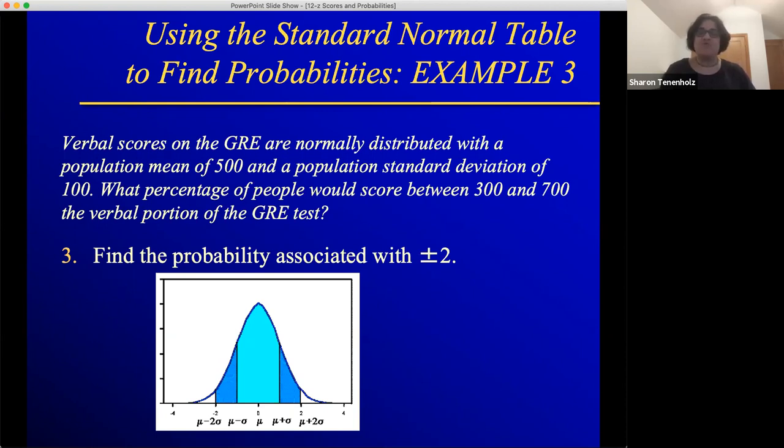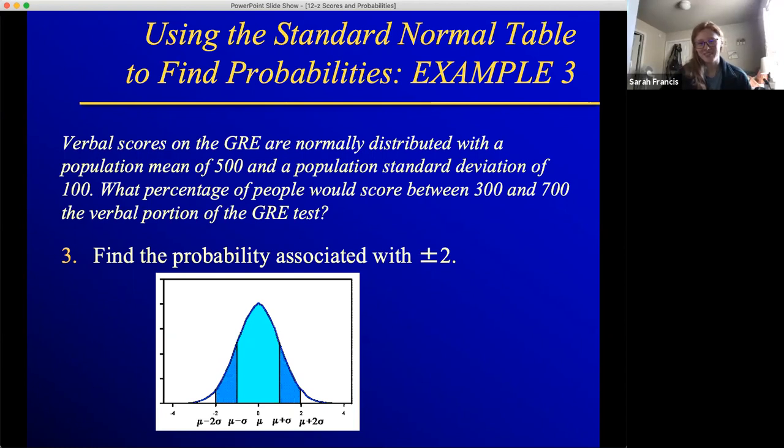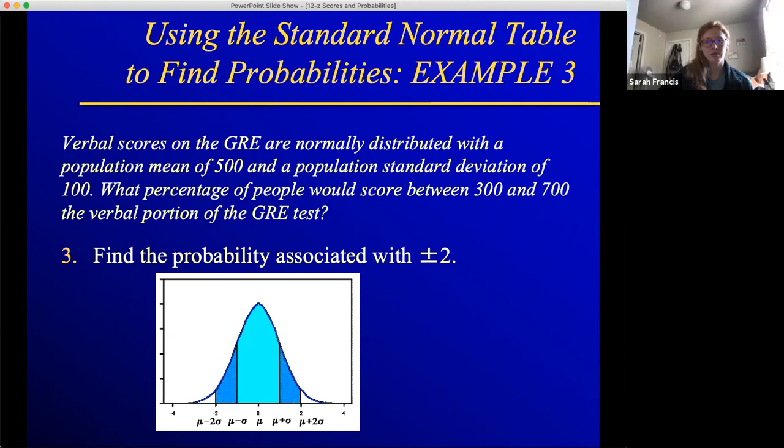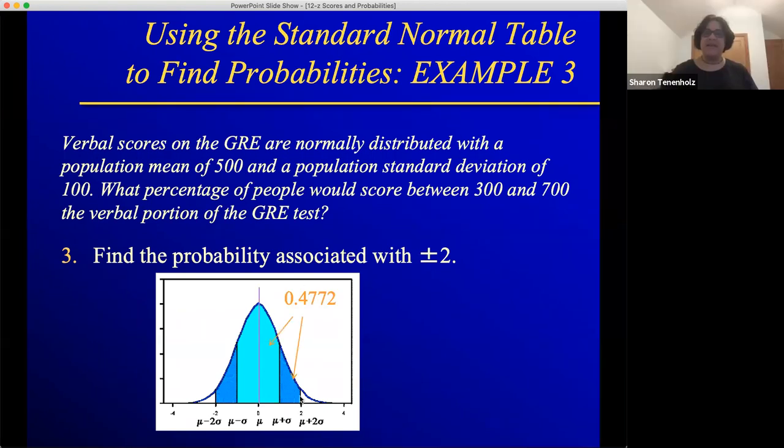Who has the probability? Sarah, thank you. 0.4772. Good. The area between the mean and a Z-score of 2, and this is both the light blue and the dark blue parts here, is 0.4772.